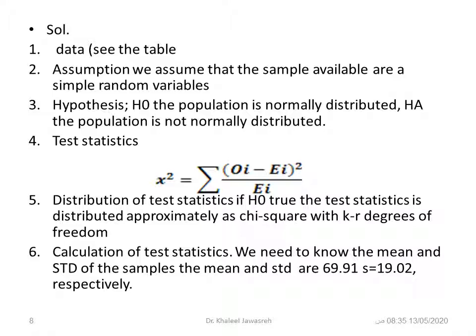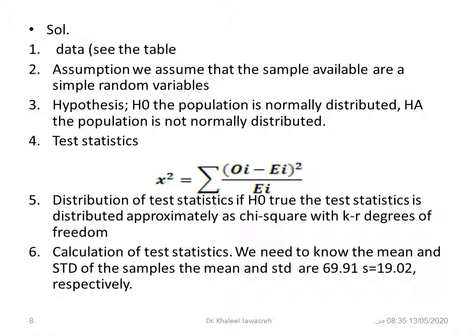So we need to indicate our hypotheses, the null hypothesis and the alternative hypothesis. The null hypothesis here is that the population is normally distributed. Our assumption is that it is normal, and the sample are simple random variables.